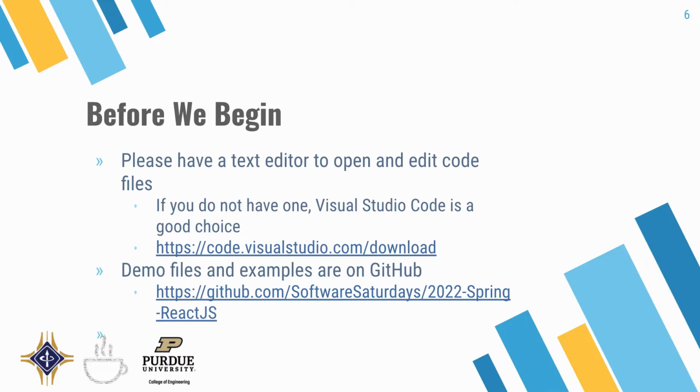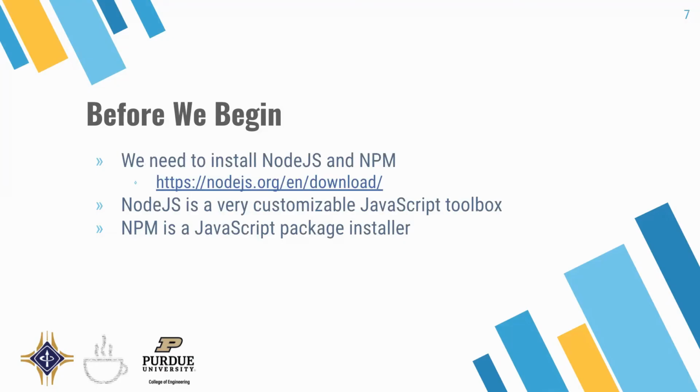All the demo files and examples are on GitHub under Software Saturdays. The links are there, and if you don't want to type that out, you can just find the slides and copy that link. Also, install Node.js and npm. It should already be done, but if you haven't already, go ahead and do that. It's a pretty simple process, and that's just so that we can have the JavaScript packages that we need.